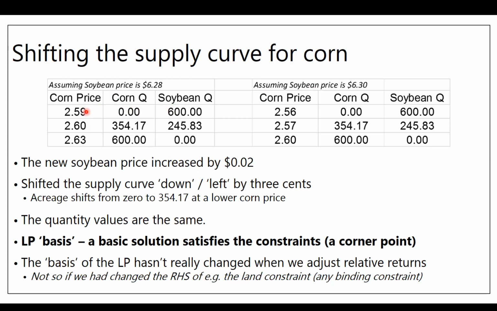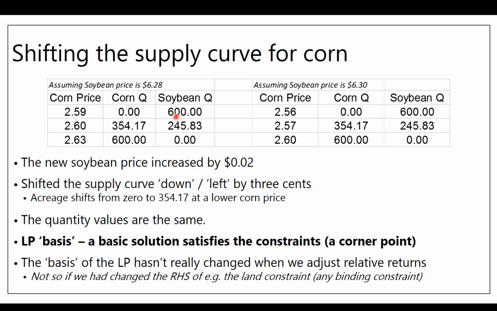This is our base assumption, right? So this is how the corn price versus quantity schedule was in our solution we just looked at. So this should say 635. And 630 has the same price, but if the price of soybean falls down to 628, then the corn price schedule shifts right, okay?